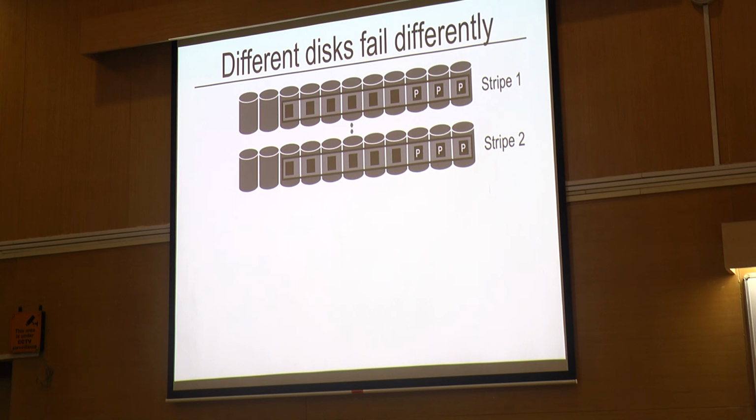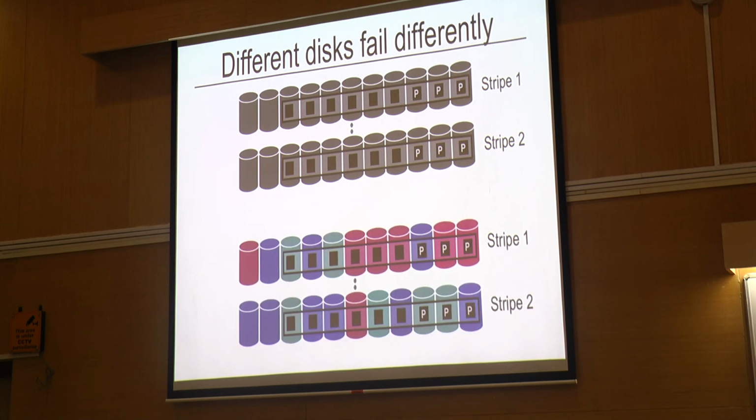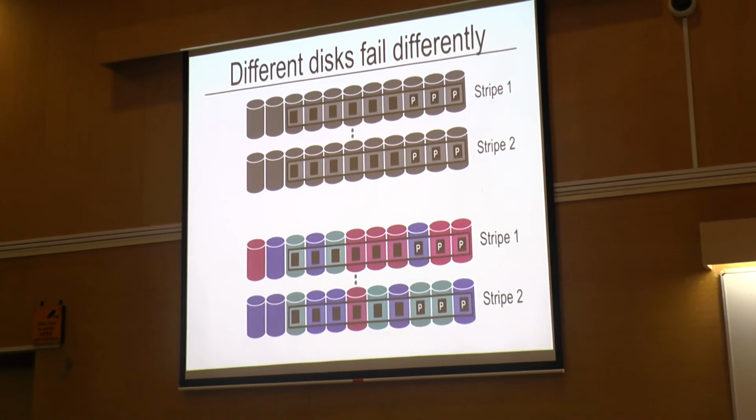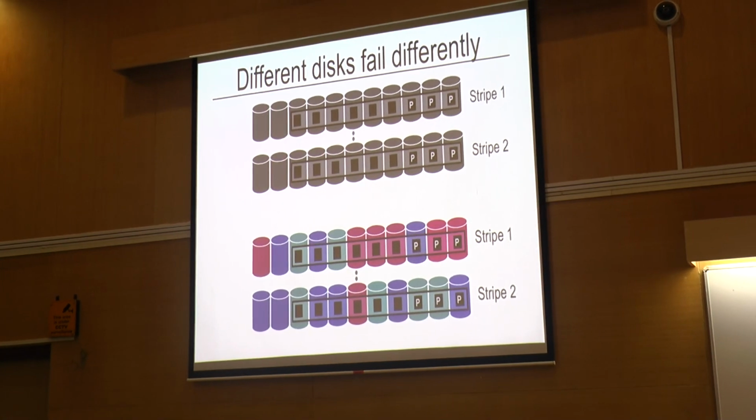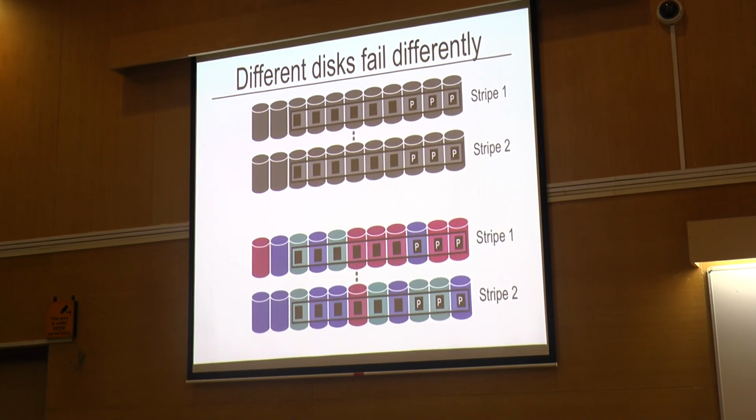Under this assumption, different stripes, recall that a stripe is the set of blocks, data and parity, which belong to one group, with the same parameters have the same reliability, because all disks are implicitly assumed to be failing at the same rate. So if you have the same redundancy, you get the same reliability. However, as we saw, in the real world it's not so. Different disks fail differently. So the picture is very different.